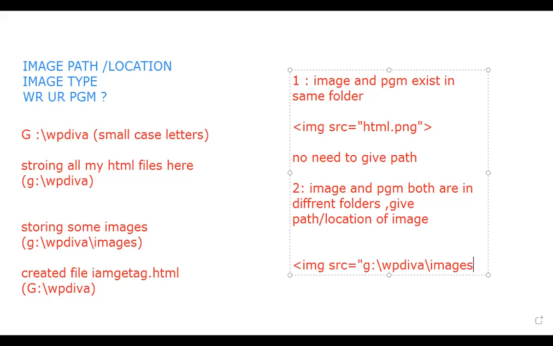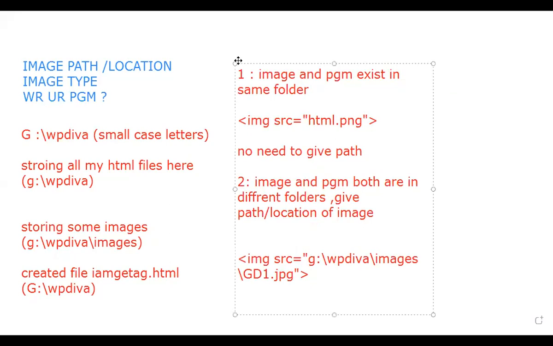The source of the image is that, and then I give the name of the image, GD1. GD is in capital, so you have to give capital only. If the image name is in capital, you have to give capital. If the image name is in small case, you have to give small case. This is very, very important. This is the second thing, guys. Clear to you?